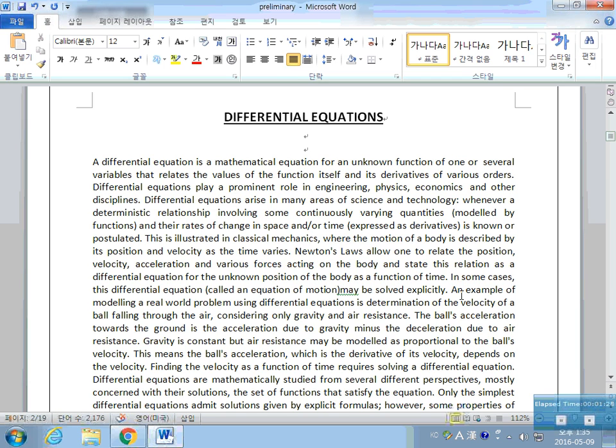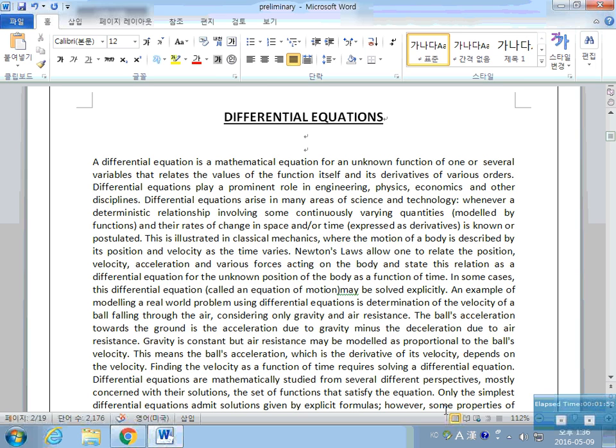Let me give you a simple example. Suppose a ball is falling from the rooftop, and we want to find the acceleration of that ball. There are actually two things acting on that ball. One is the acceleration due to gravity, which is pulling the ball toward the earth, and the second one is the resistance of the air, which decelerates the ball.